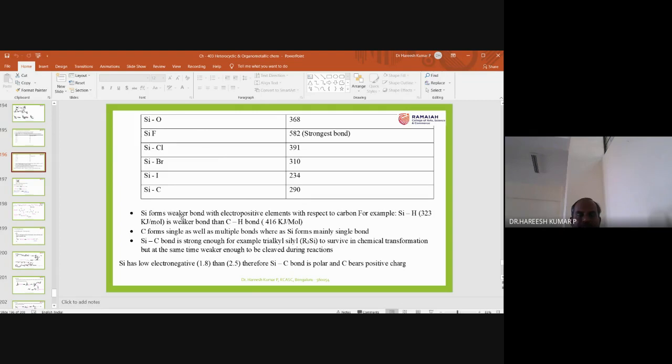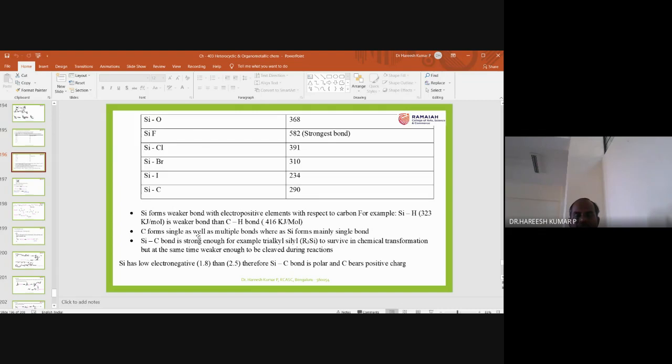Silicon forms weaker bonds with electropositive elements with respect to carbon. For example, the silicon hydrogen bond is weaker than C-H.